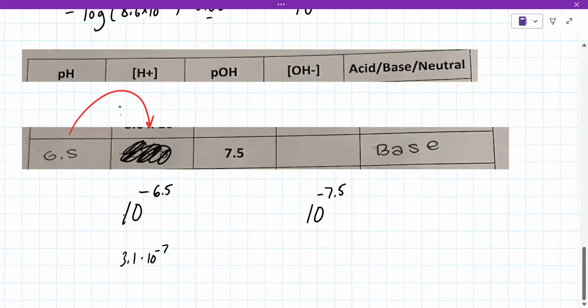And how about for the other one? 3.1 times 10 to the negative 8. And then acid or base for this one. It's acid. Yeah. Good.